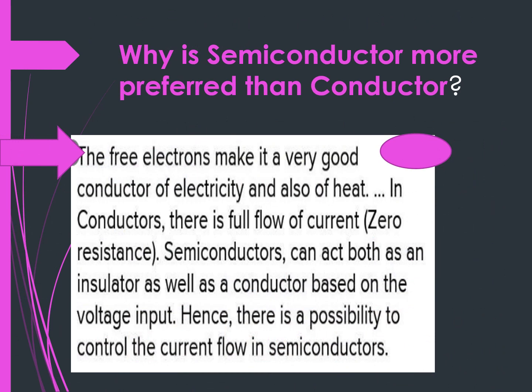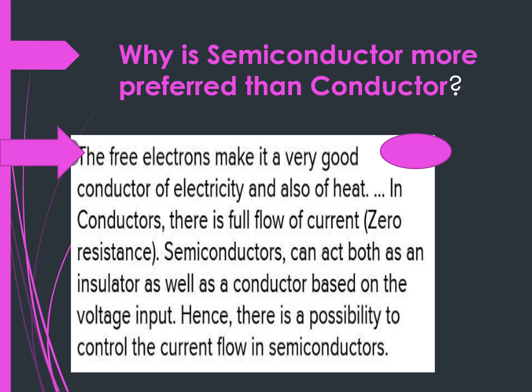So the next topic is, why is semiconductor more preferred than conductor? In a conductor, there is a huge amount of free electrons available. So why do we prefer semiconductor in creating any electronic devices? In conductors, there are free electrons and they can flow a huge amount of current.